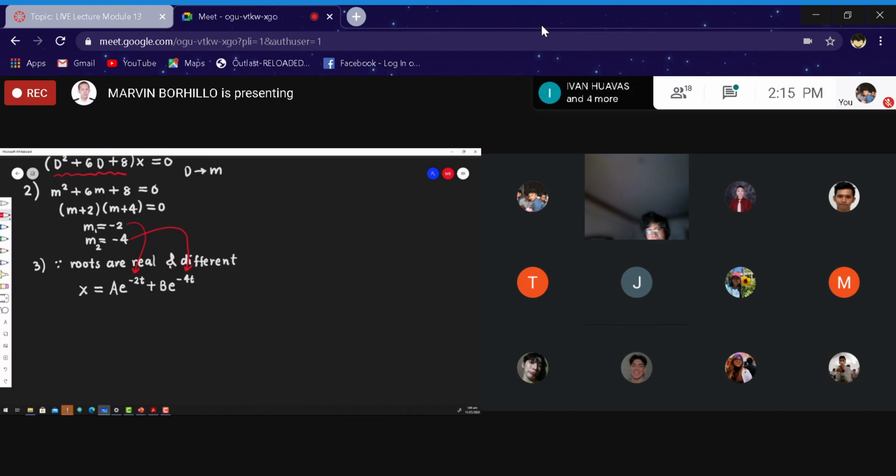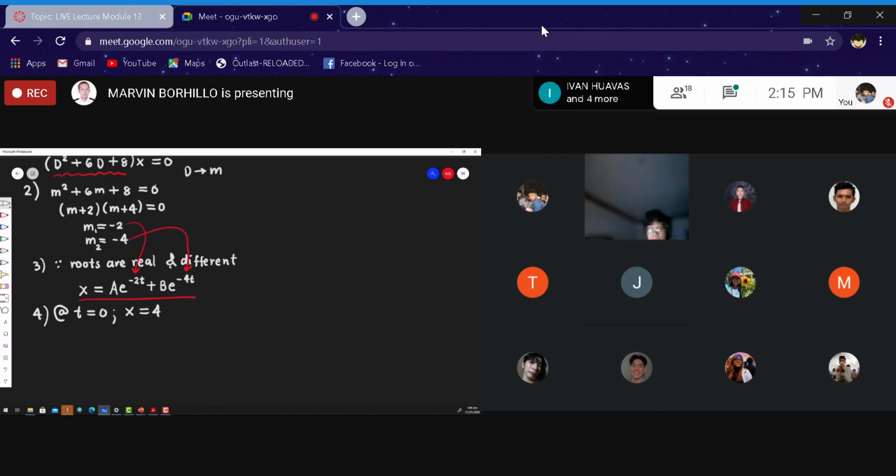Step number 4. Let's use the boundary condition to solve A and B. So, at t is equals to 0, our x is equals to 4. So, let's use this general solution.